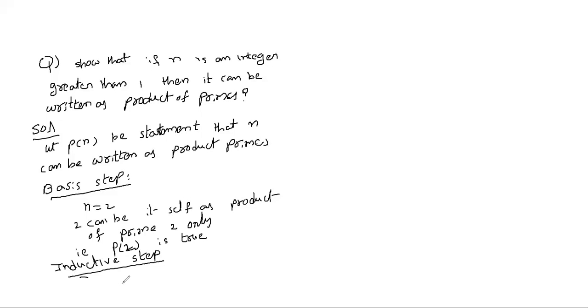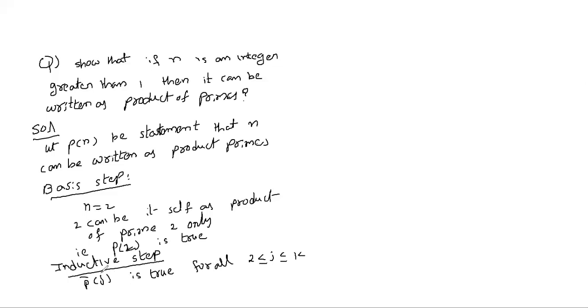So in the inductive step, what I'm assuming is P of j is true for all j with 2 less than or equal to j less than or equal to k.